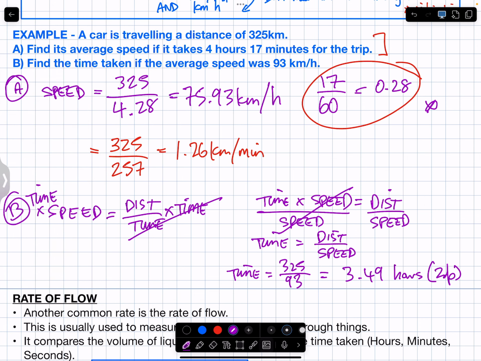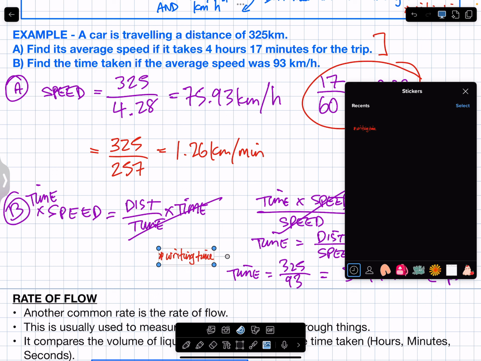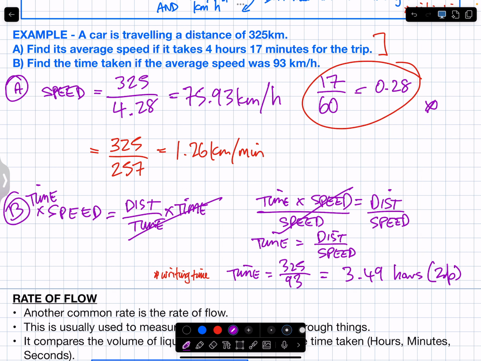All right, writing time, please. Can you get those 2 examples down that show you speed? Can you keep it down? It's still recording.